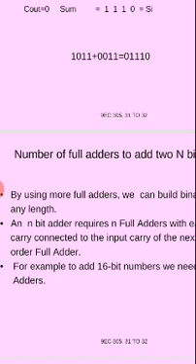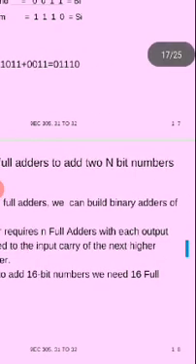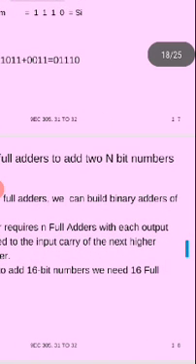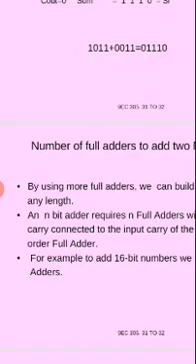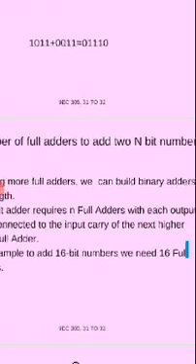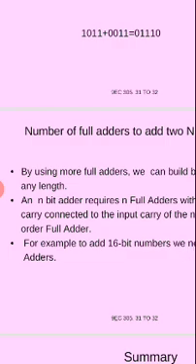An n-bit adder requires n full adders with each output carry connected to the input carry of the next higher order full adder. For example, to add 16-bit numbers, we need 16 full adders.